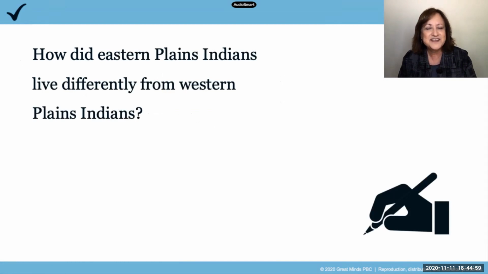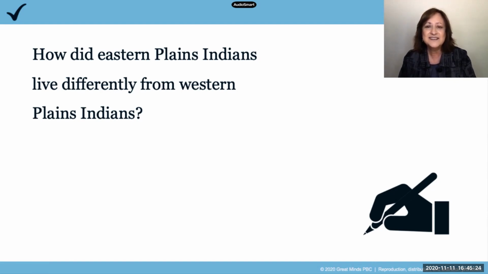Since you're so observant, I know you noticed the check mark in the corner, and you know what that means. Your teacher will take this opportunity to check your stop and jot. So you'll pause here to stop and to jot in your journal about this question. You'll use what you know about the main topic and details from Plains Indians.